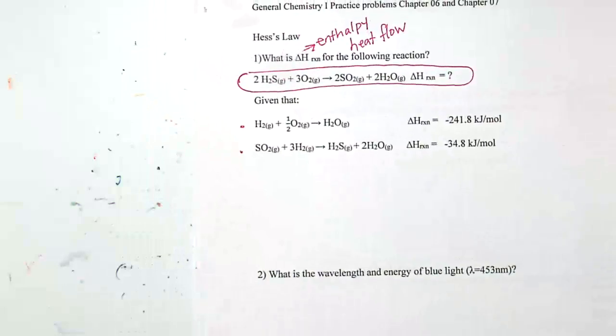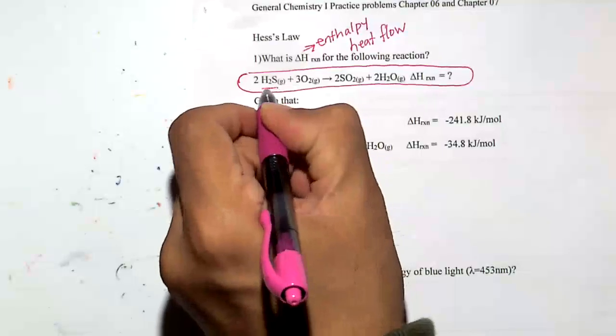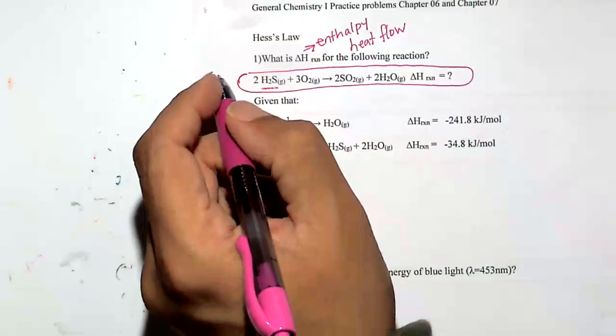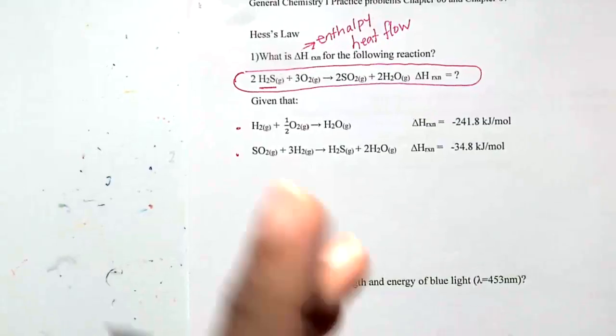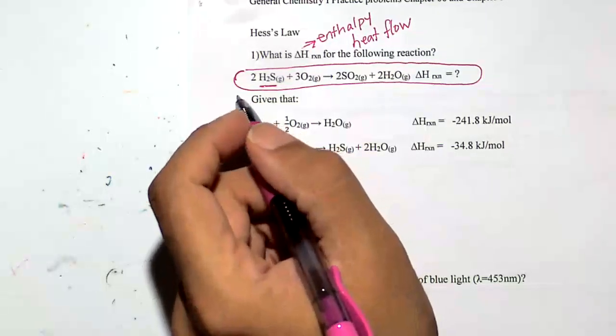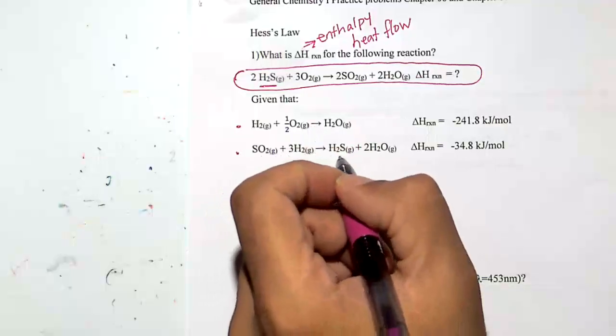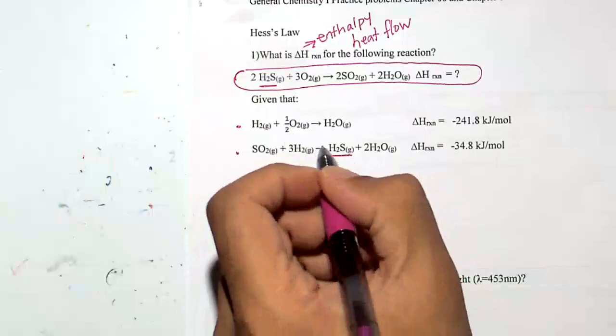So first thing I would do is look at my reactants. I have an H2S, but I have two of them. Where's it at? Is it at the reactant side or the product side? Reactant side. And if you look here, where do I have the H2S? Product side.